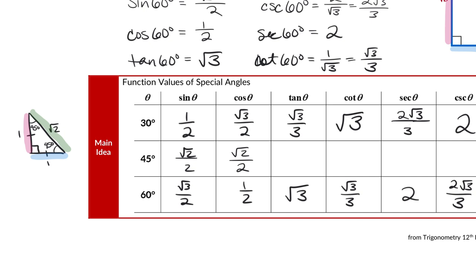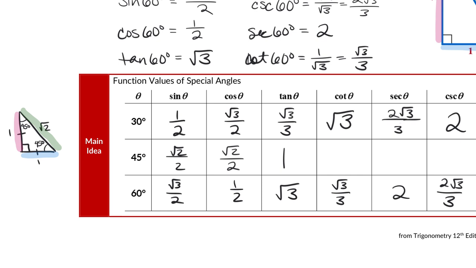Tangent would be the opposite over the adjacent. Oh, what's opposite of 45? What's adjacent to 45? What's 1 over 1? Boom. Now we go to do the reciprocals.